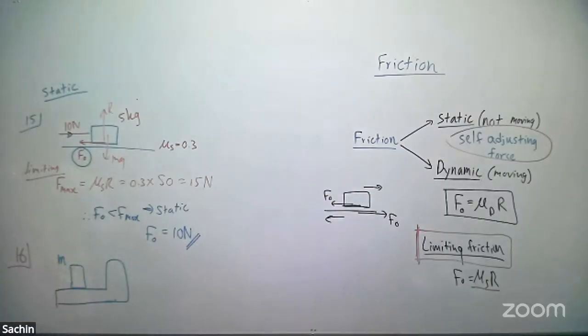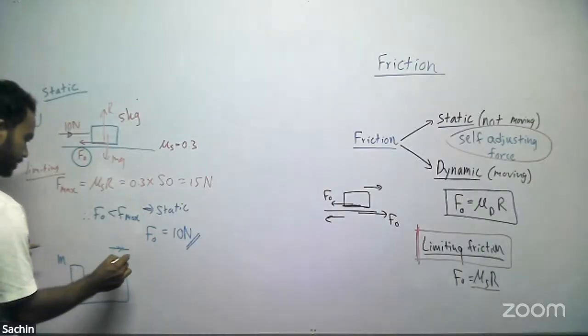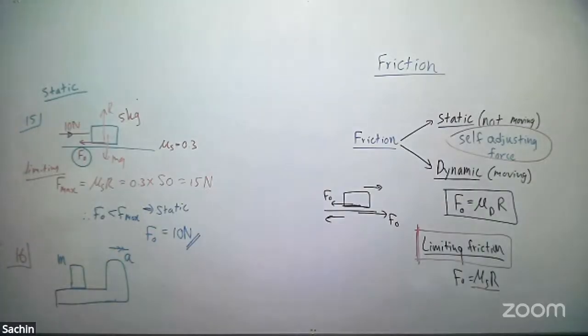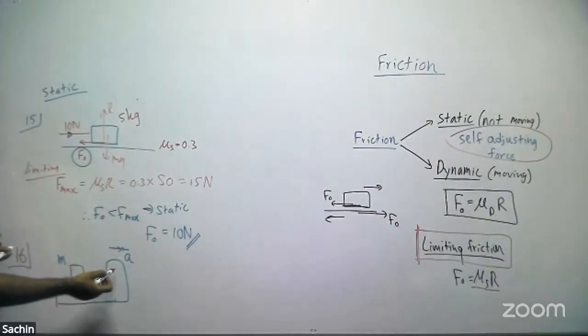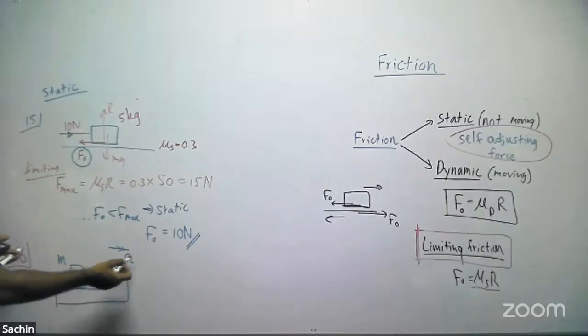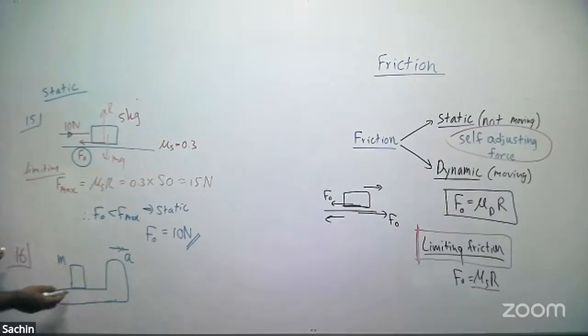The mass of the block is m, and the truck accelerates constantly with a, and they have said that this mass is at rest with respect to the truck. Even if this truck accelerates, this mass is stationary with respect to the truck bed. It does not move relative to it.